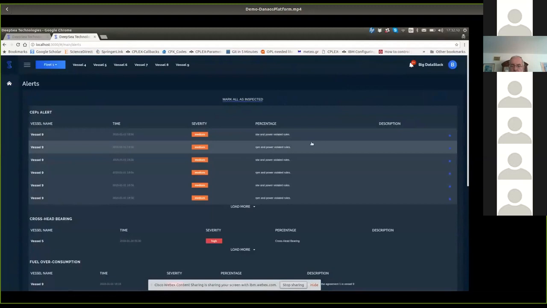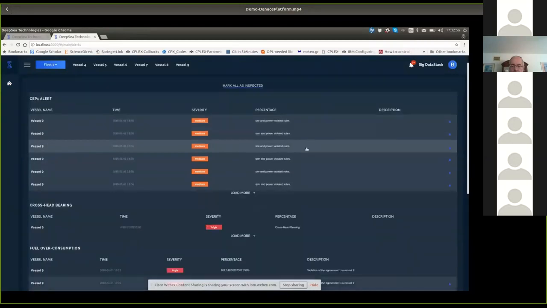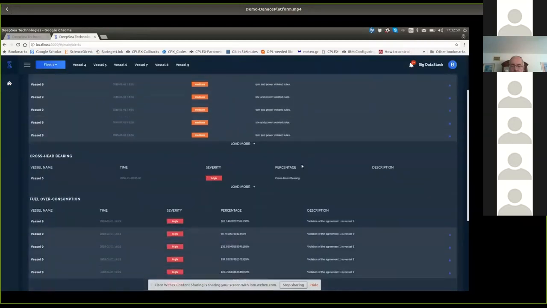And last, the fuel overconsumption violation, which again is generated by CEP. So we get to use all these components, integrate them and successfully visualize the results of these components.